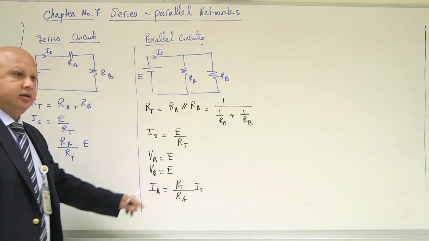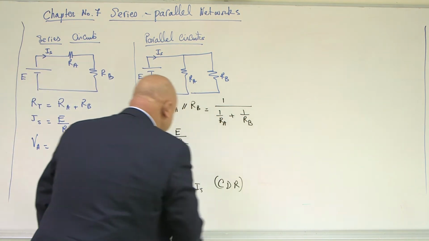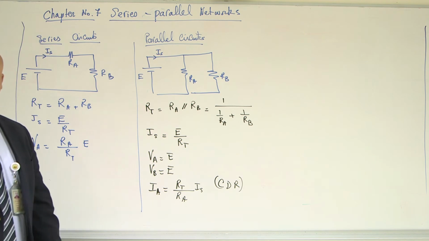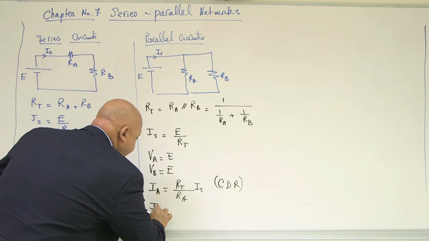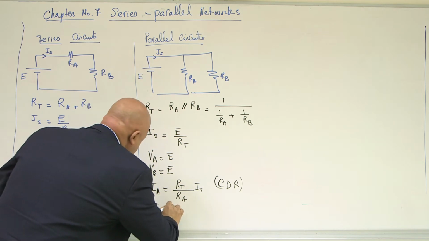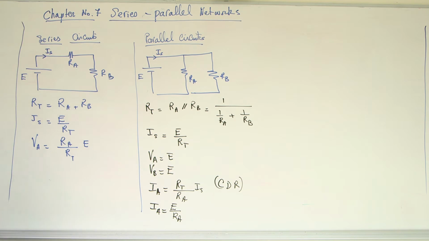Or we can use Ohm's law: IA equals E divided by RA. So this is about series connections and parallel connections. Do you have any question? So you mastered this topic.